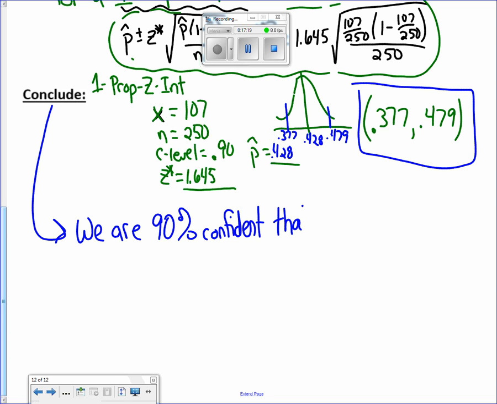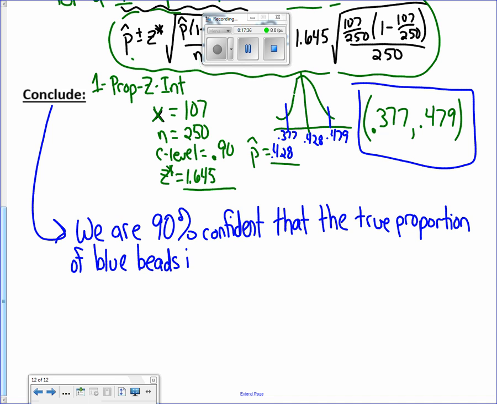that the true proportion of blue beads in the class jar, because we're too lazy to pour them all out and count them. We're going to guesstimate what the true proportion of blue beads in the class jar is.